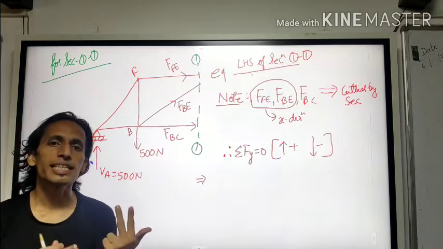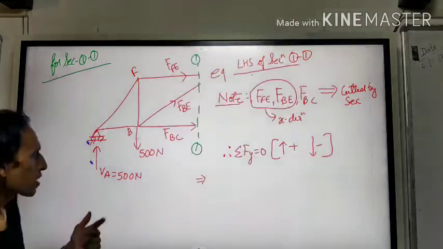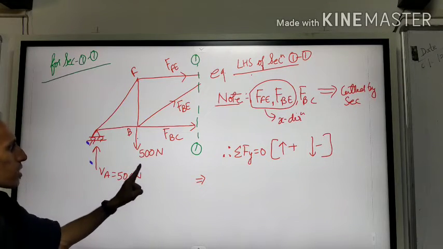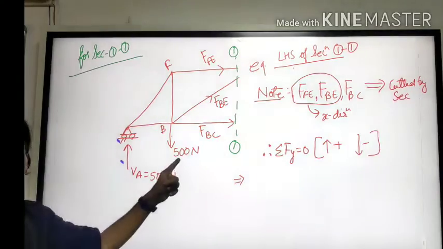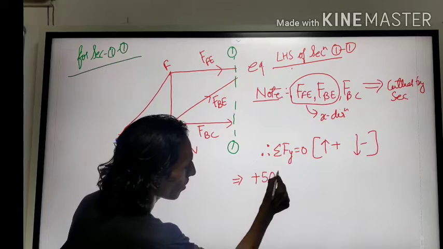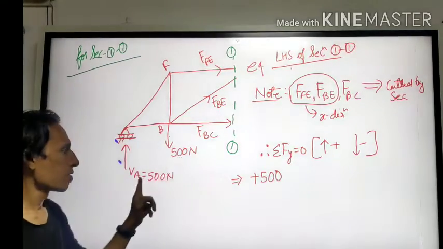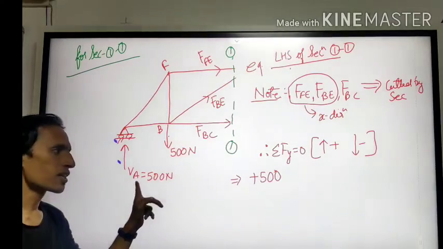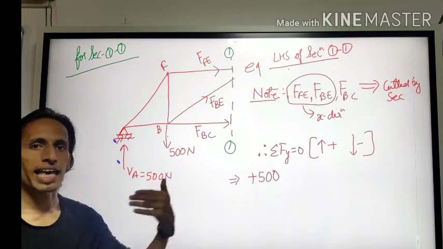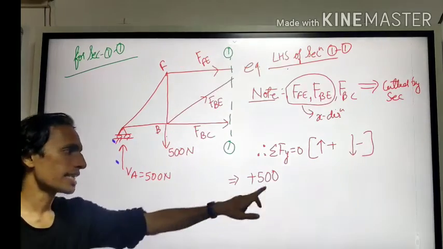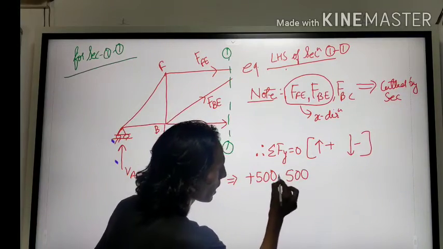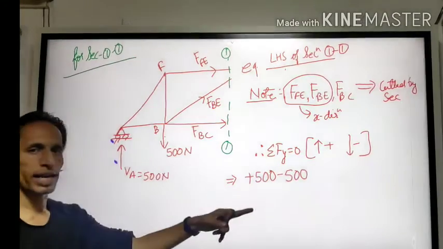What are the external loads here? 500 Newton. Positive 500, because the internal reaction is upward. The external load 500 is downward, so negative.